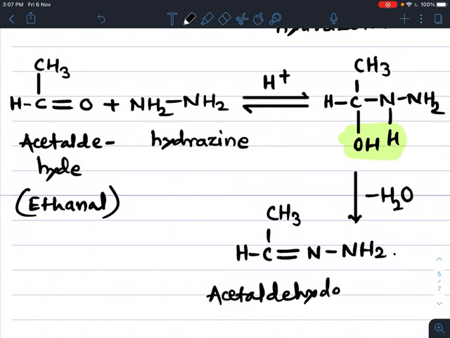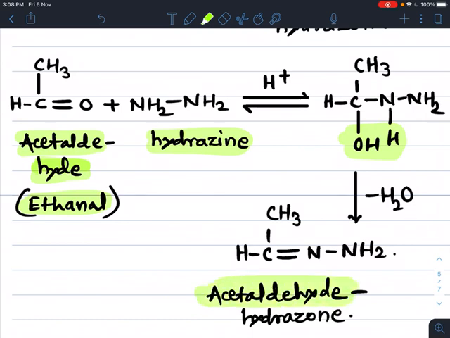So acetaldehyde is converted into its corresponding hydrazone when treated with hydrazine. So acetaldehyde hydrazone is formed when the addition elimination reaction takes place with NH2NH2, that is hydrazine.